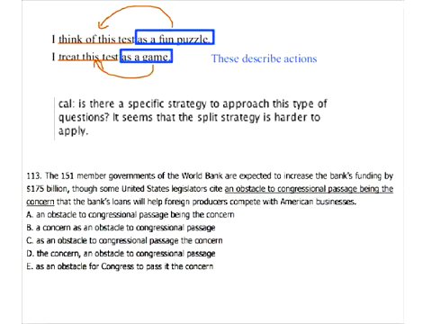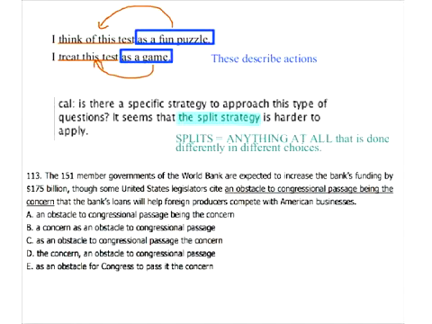Because, I mean, a split doesn't have to mean like, oh, these things are directly underneath each other. That's not accurate. I mean, splits are just anything that is different at all between the choices. So split is anything at all that is done differently in different choices. So like anything that changes at all. So if modifiers are pushed around, that's a split.